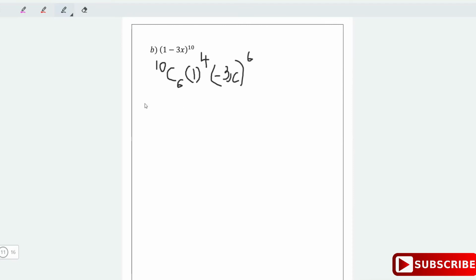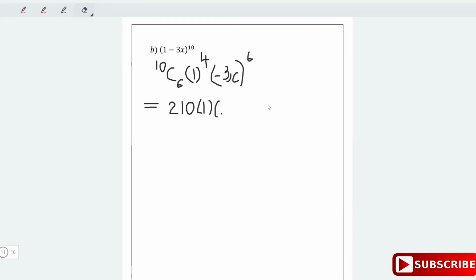So when we evaluate this, what we're going to get is 10 choose 6 times 1 to the 4 times minus 3 to the 6. 10 choose 6 is 210. 1 to the 4 is 1. Then minus 3 to the 6, oh no, I have that incorrect. 3 to the 6 is not such a big number.